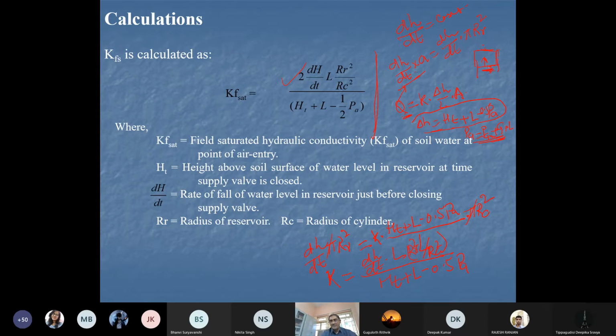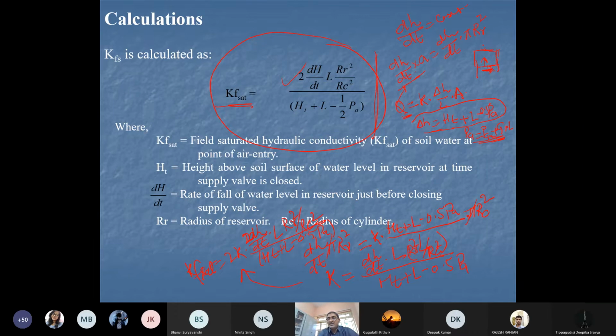So based on the observations, it has been seen that the saturated hydraulic conductivity, K field saturated condition, is 2 times this K, that is 2 dH by dt into L RR square by RC square, divided by simply HT plus L minus 0.5 PA. So in this way we have this equation to find the saturated hydraulic conductivity of the soil.